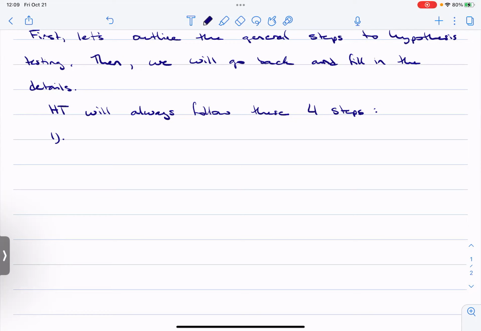Seems obvious. State the hypothesis. Even though it's nothing like what we're going to be doing, I remember in grade 9 science, we had to state our hypothesis. When I boil this water, it will evaporate. That was my hypothesis. I thought that was going to happen, and sure enough, it did.